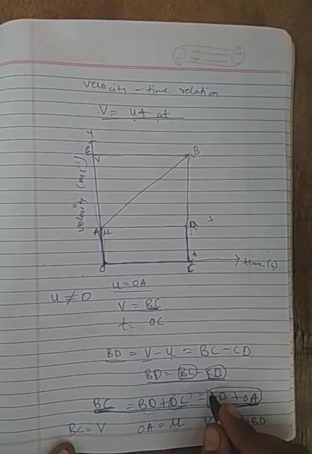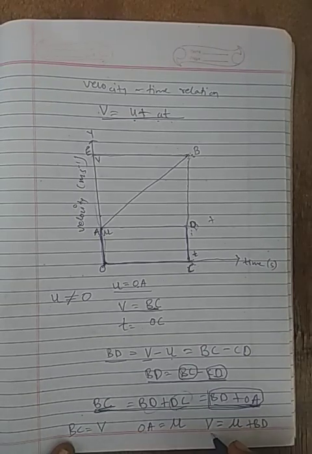You see here BC is equal to BD plus OA, so V is equal to U plus BD.